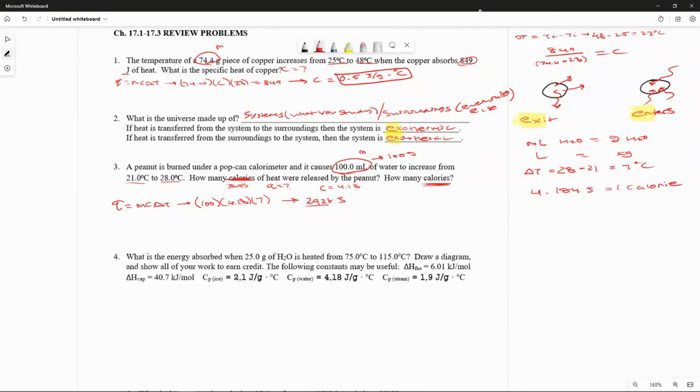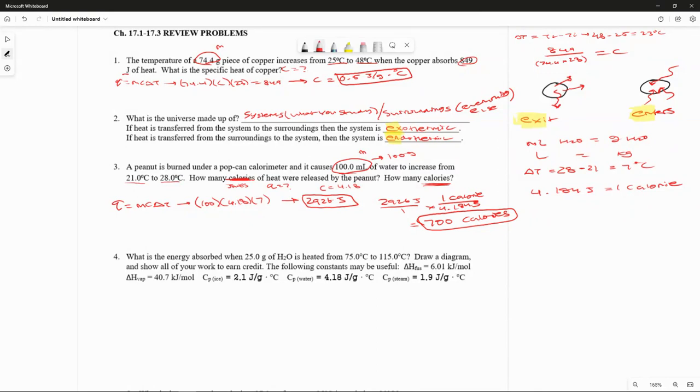So we take 2926 joules, convert it using dimensional analysis with 4.184 at the bottom and 1 calorie on top, and that should give you around 699, which I'm going to say 700 calories.